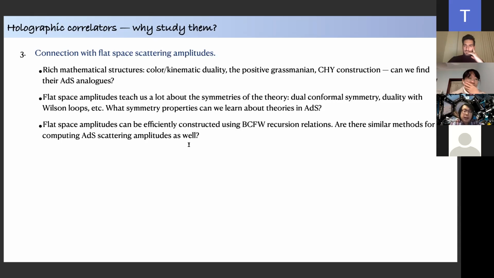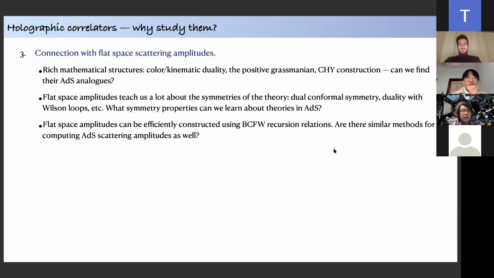And we know that in flat space, when we study amplitudes, we can learn a lot about the symmetries of the theory, which are not really obvious from the Lagrangian description. So we can ask what kind of symmetry properties we can also learn by studying these holographic correlators about symmetries of AdS theories.